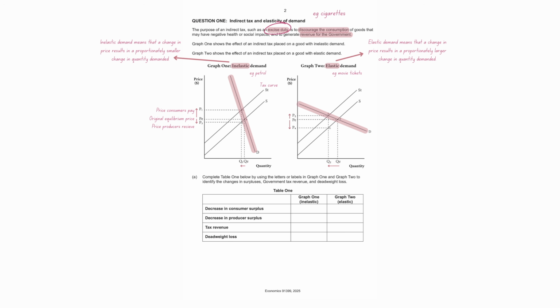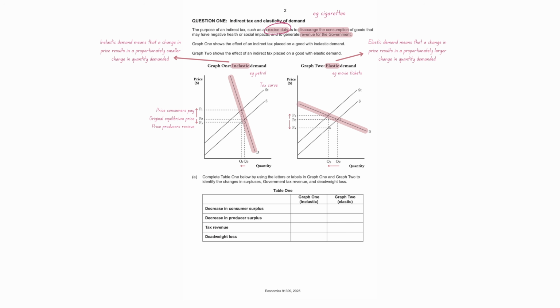They could either make the consumers pay an extra $2, or they could just pay an extra $2 themselves. Or they could split it between both of them. And usually they do a bit of both, and this is what we can see going on here. So part of the tax is paid for by the consumers, and part of it is paid for by the producers. And that's why the price increases for consumers, and at the same time, the price received decreases for producers, because they both bear the burden of the tax.